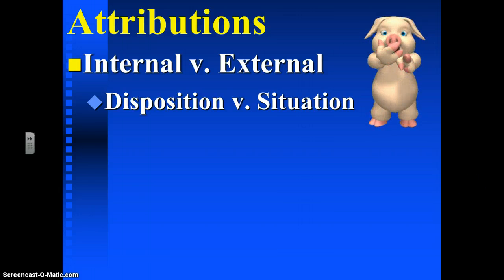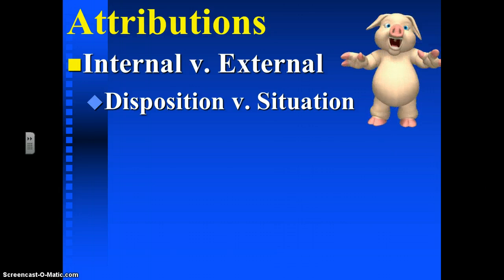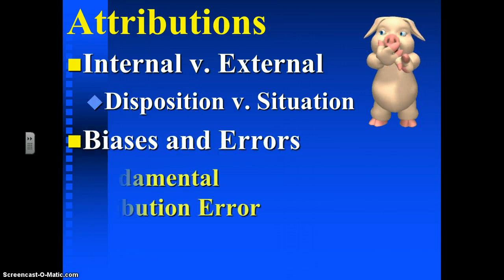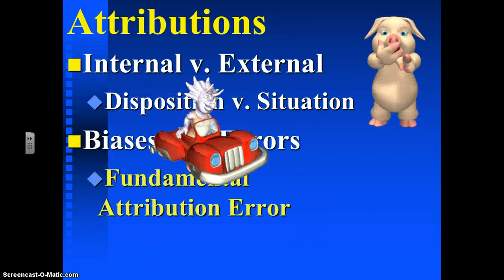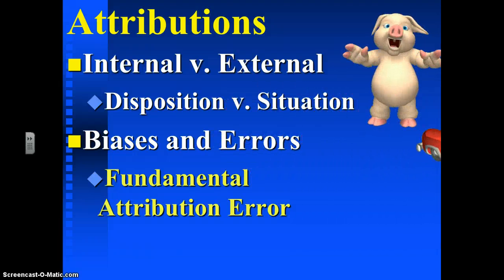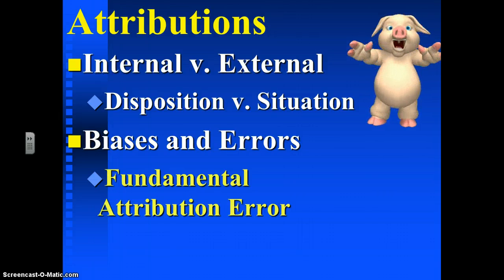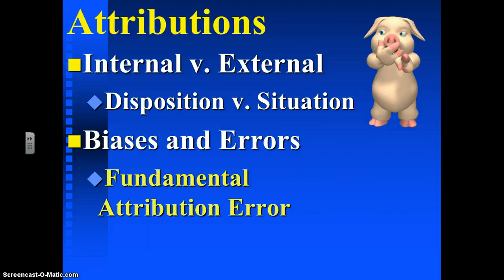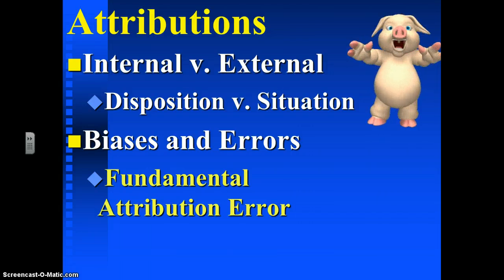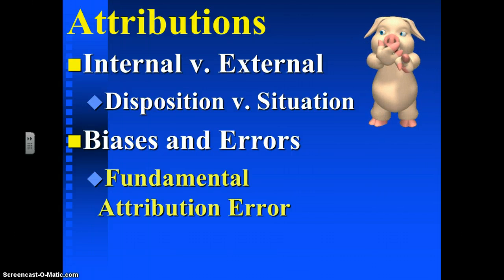Now, we don't always make the correct assumption, or we're not always totally accurate when we talk about attributions and we try and explain behavior, whether it be ours or somebody else's. Now, let's talk about some common mistakes that people make when they attribute behavior. The fundamental attribution error, that's the most common error that there is. The most basic error in terms of attribution.